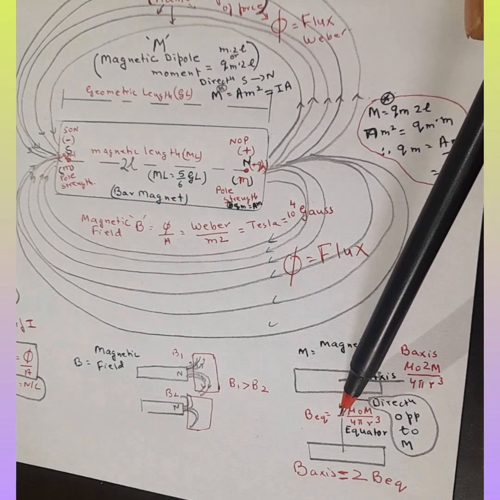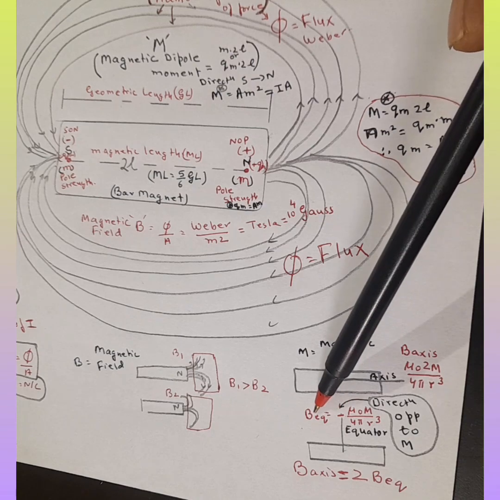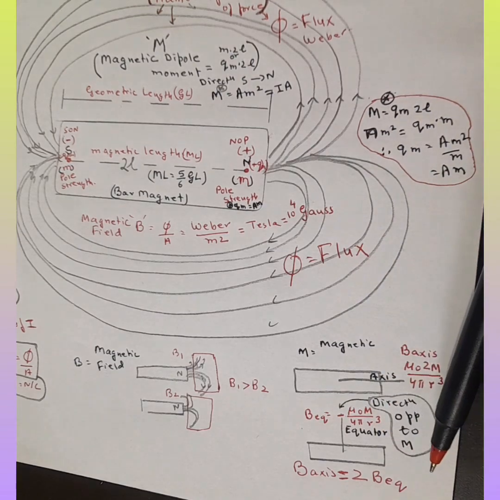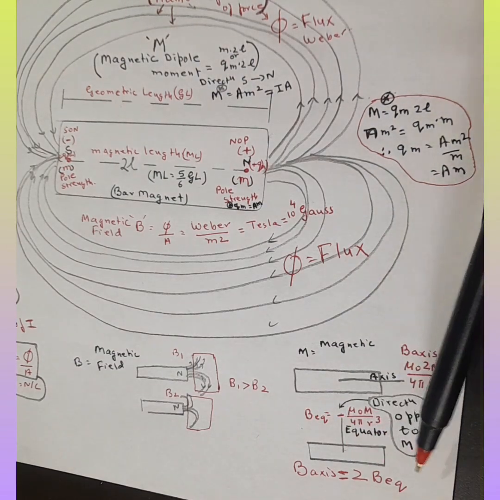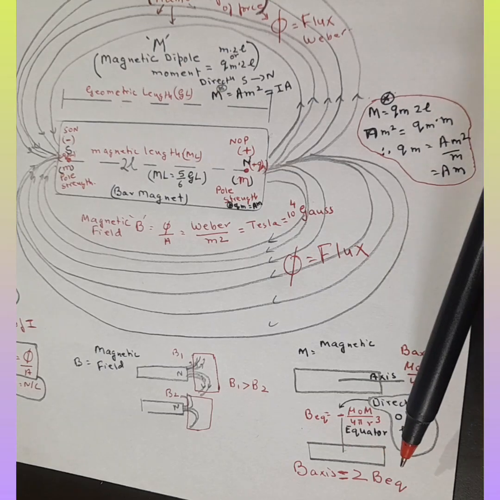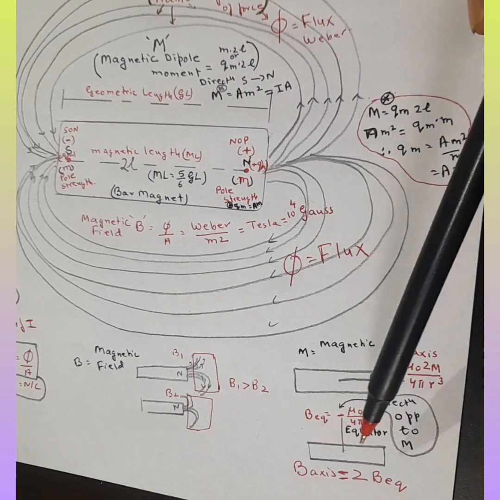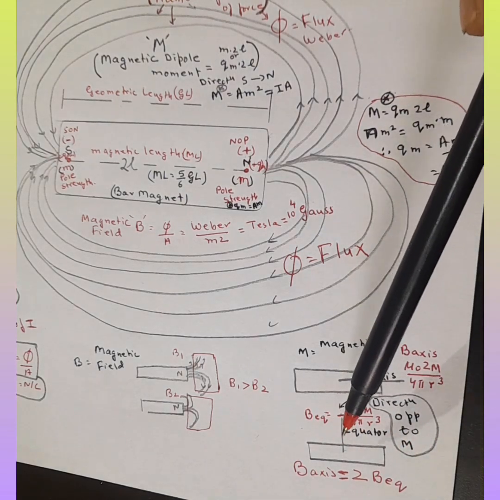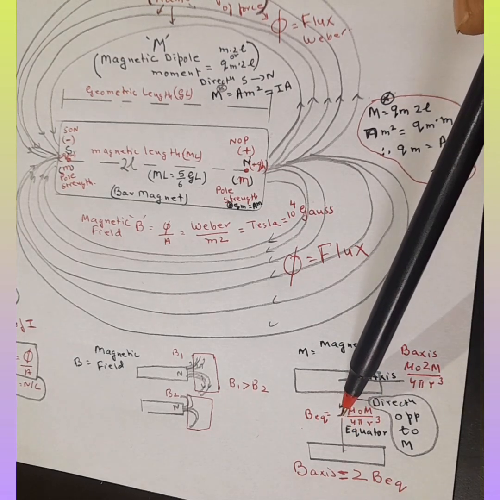Now why is it minus? It is minus because B equatorial, the direction is opposite to M. We know M is from south to north, so this direction would be in the opposite direction. That's why equatorial is in the opposite direction. That's why it's negative.